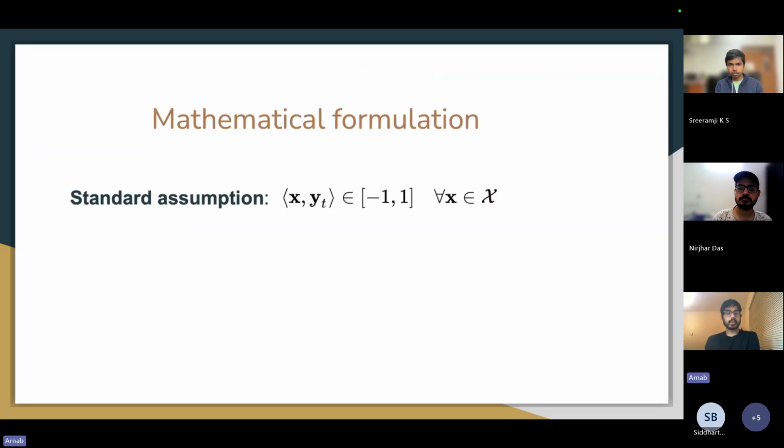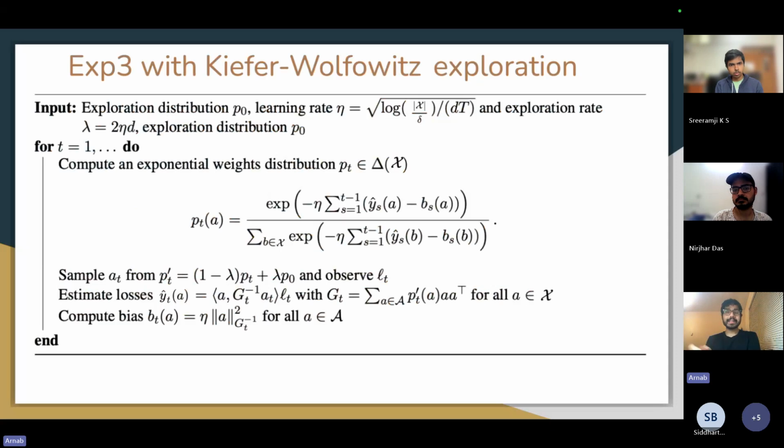So now I'll get started. Typically in the linear bandit literature, the algorithm on your screen is the most common standard algorithm being deployed.